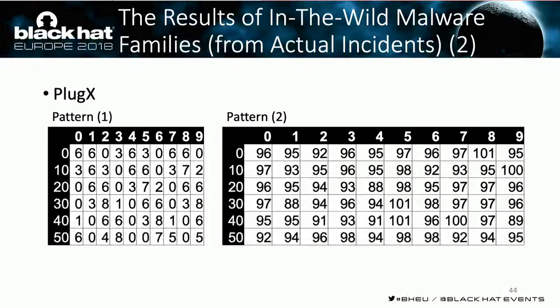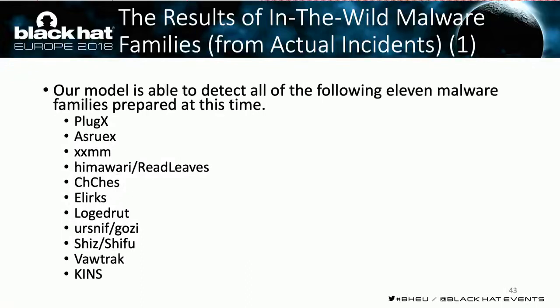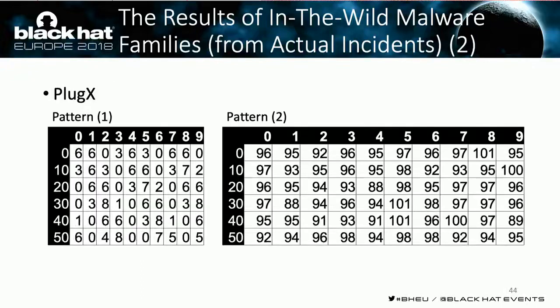Okay, let's take a look at the result in detail. First, let's take a look at targeted attack malware families. These tables are converted images of project samples that are used by some attack group.